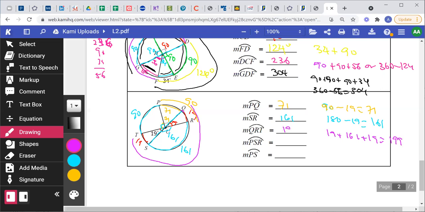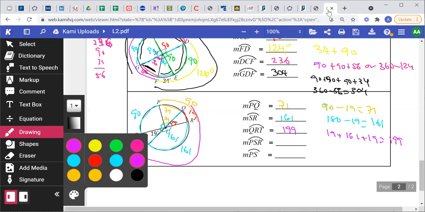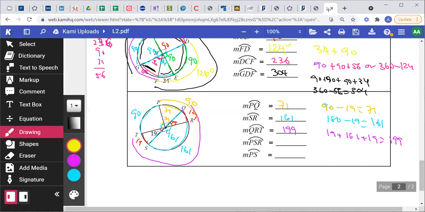PSR, I want to do P to T, T to S, then S to R. P to T is 90, T to S is 19, and S to R is 161. So adding these three numbers, I have 270.